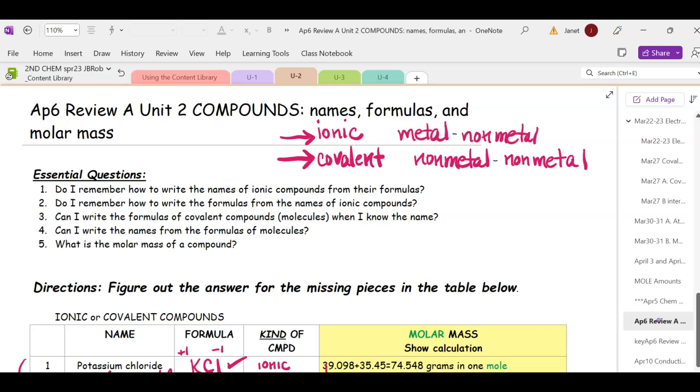You know that metals are all on the left side of the periodic table, and nonmetals are on the right, because we've learned that over and over. Knowing where metals and nonmetals are on the periodic table helps you to think through this. Covalent are two elements from the same side of the periodic table, the right side.